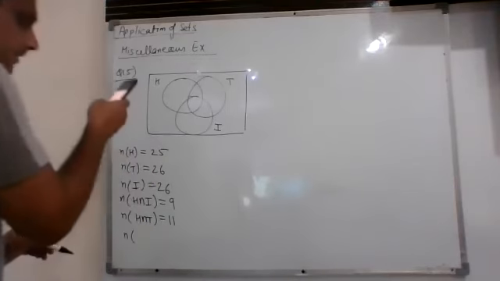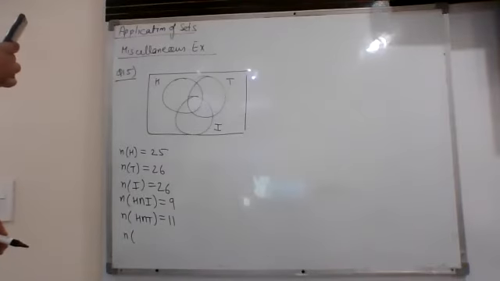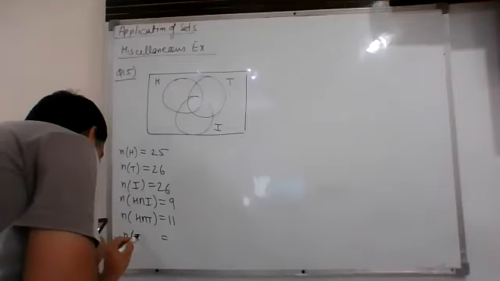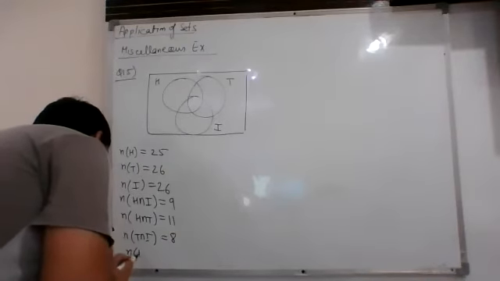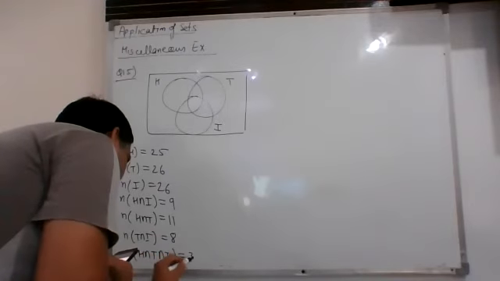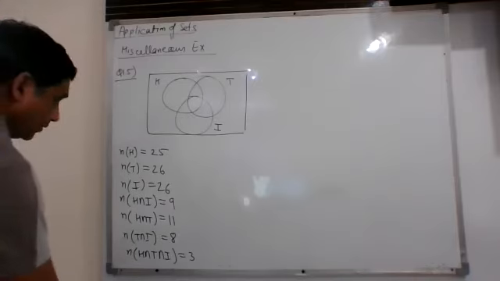And next, 8 read both T and I. So that is 8. Now next is all the 3. So 3 people read all the 3 newspapers. So this is how you will decode the data. Now after this, let us begin the question.